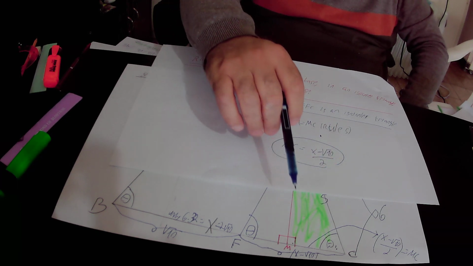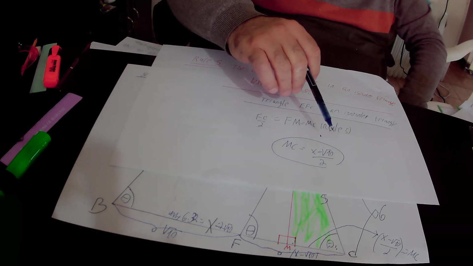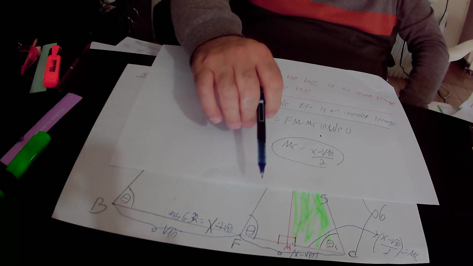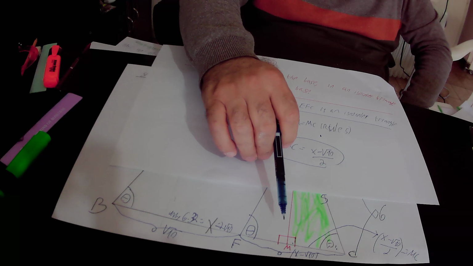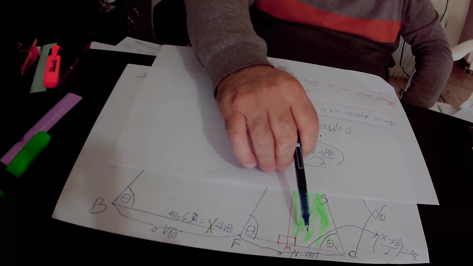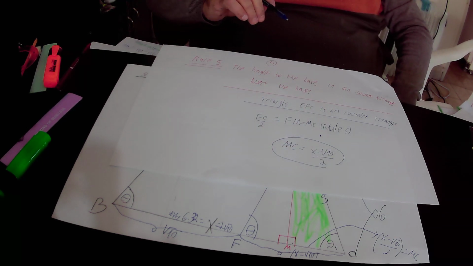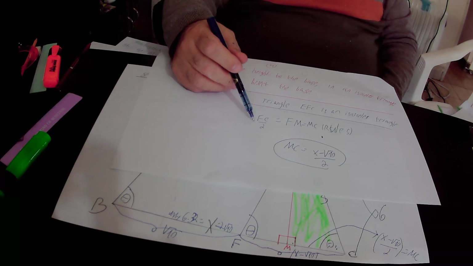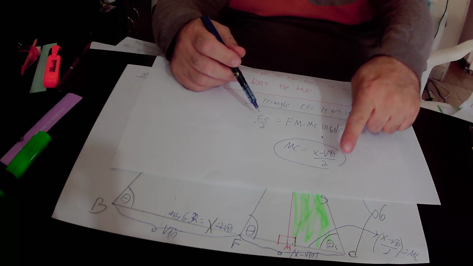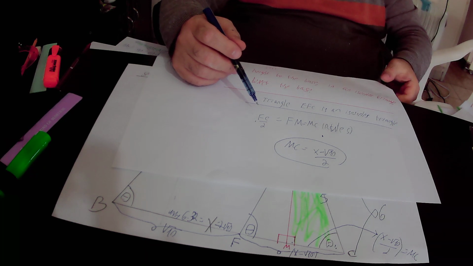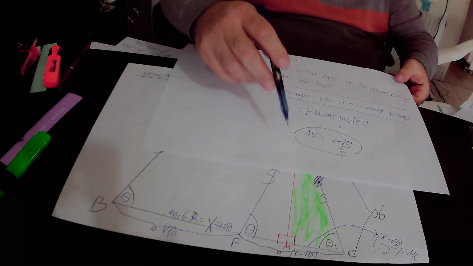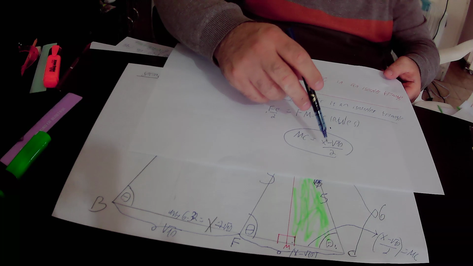FC equals x minus square root of 10 units. If we divide FC by 2, we get that MC equals x minus square root of 10 over 2. So we found out that MC equals x minus square root of 10 over 2.